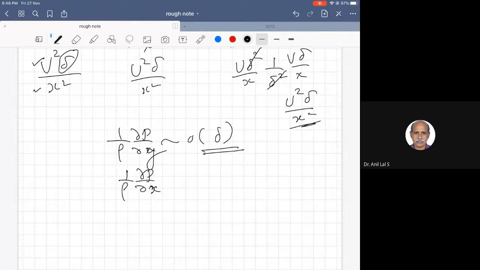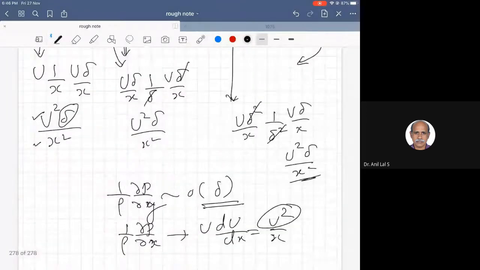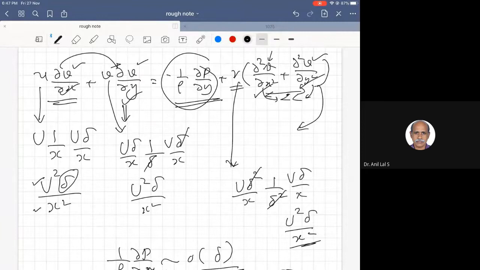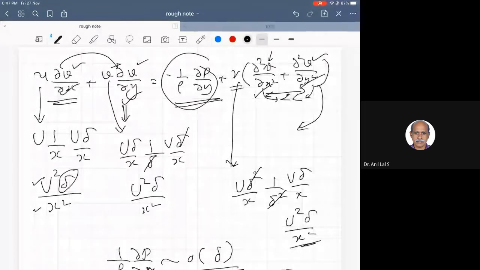Dou p by dou x scales as U du by dx, which is U squared by x, so a larger quantity. That way, the Prandtl boundary layer assumptions for the V momentum equation result in the conclusion that the pressure gradient normal to the surface across the boundary layer is 0.